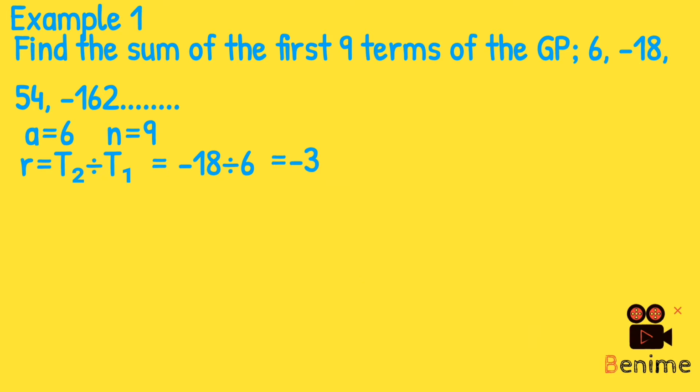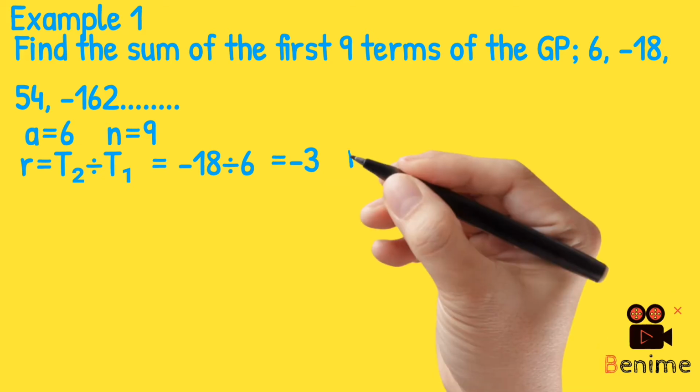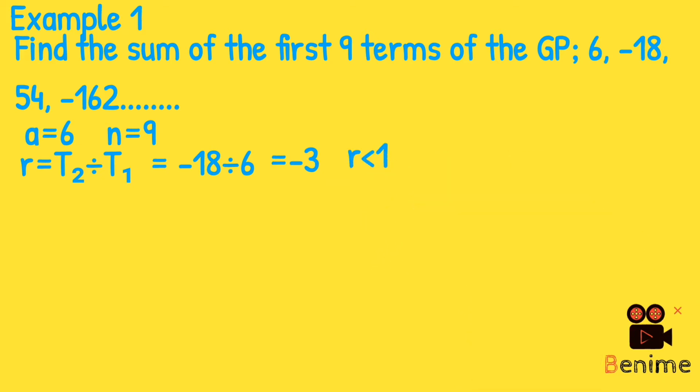Now, R is equal to -3. You can notice that this common ratio is less than 1. Minus 3 is less than 1. Since this value is less than 1, there's a particular formula for the sum of a GP that is easier for us to use.